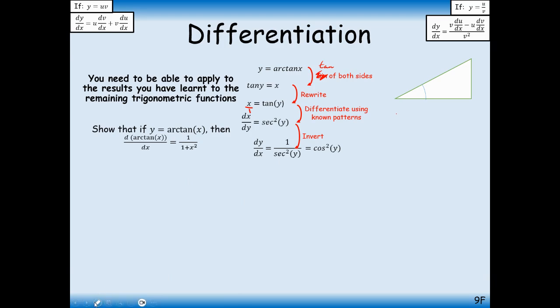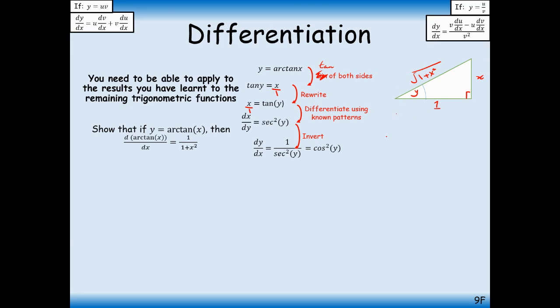But how can we know what exactly cos squared is? Well, we can use this triangle that we have over here. If the angle is y, tan of y means the opposite over adjacent. So the opposite is x and the adjacent is 1. Therefore, the hypotenuse will be the square root of 1 squared plus x squared.